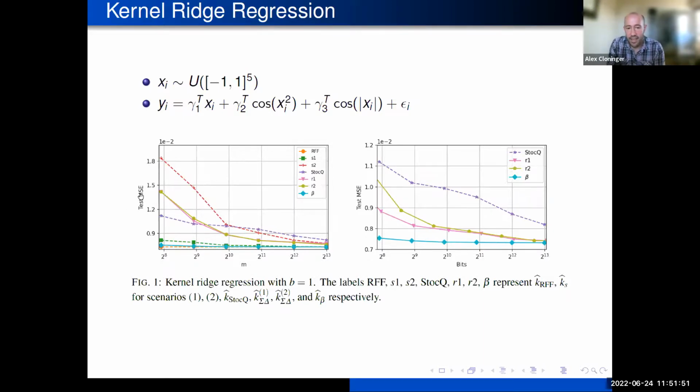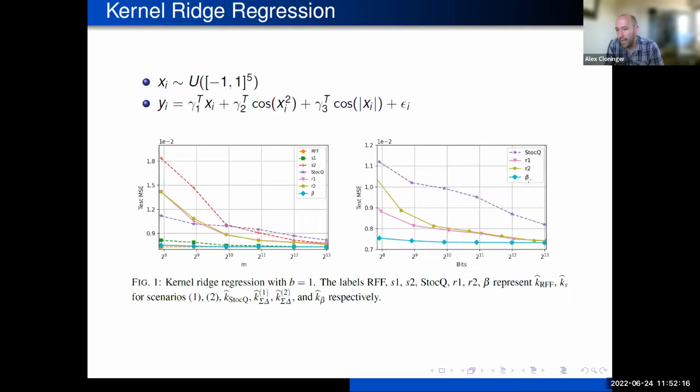And this is how the test mean square error scales as a function of the number of features that we create. This is for binarized embeddings. So I have 2 to the 10 dimensions, but it's bits, 2 to the 10 bits. Okay. And look at the error, right?